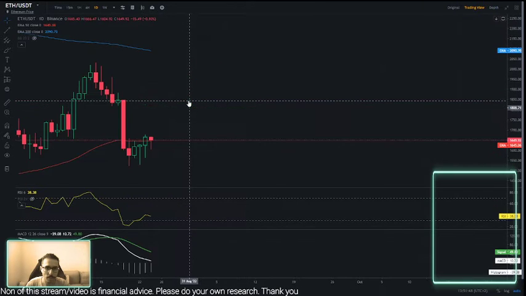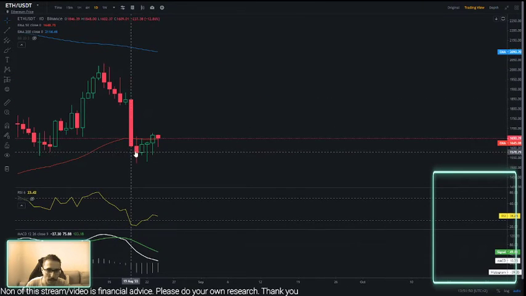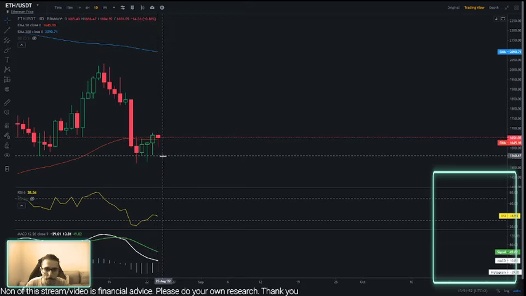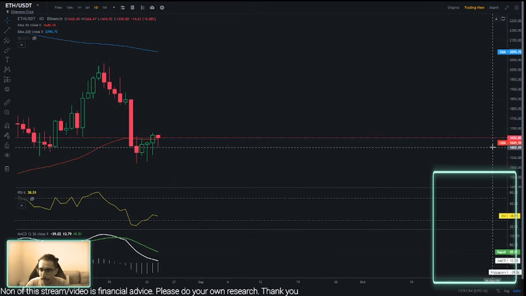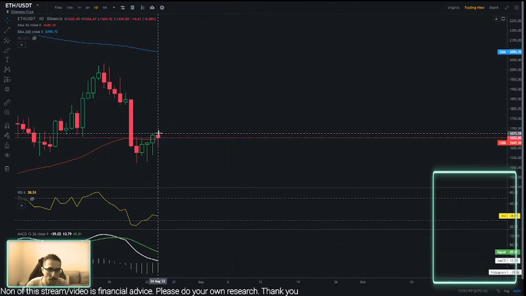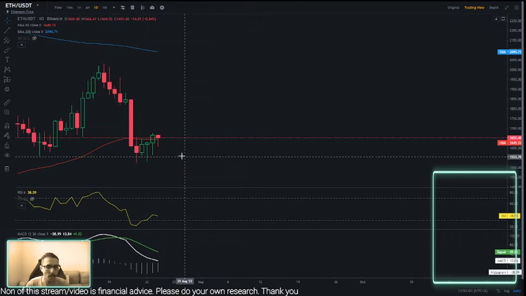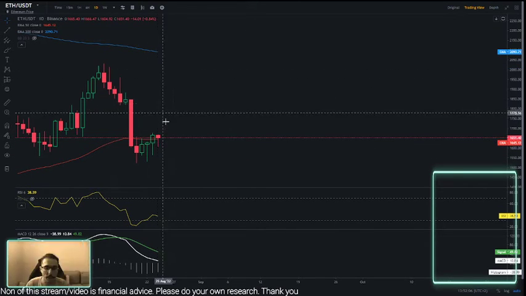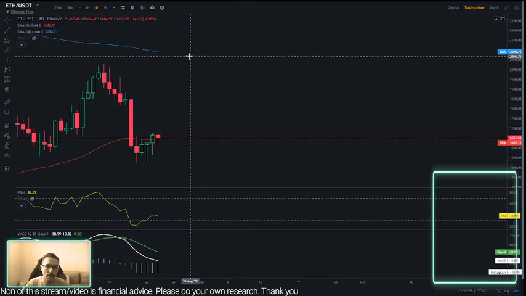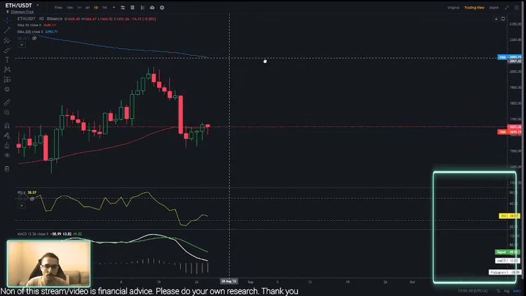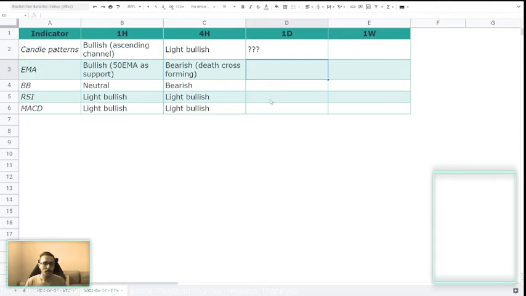Interesting thing is that, maybe a little bit like Bitcoin, the 50-day exponential moving average is used as a support level here. If we do not break below it, there's a good chance we could go up, and as we can see, there's a lot more room to go up. So let's put bullish here.